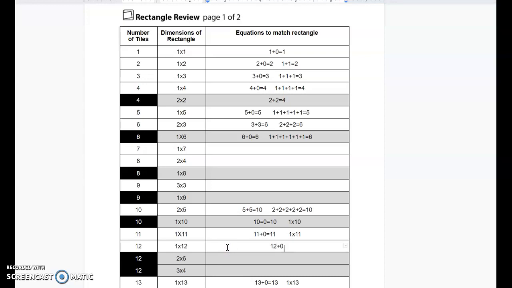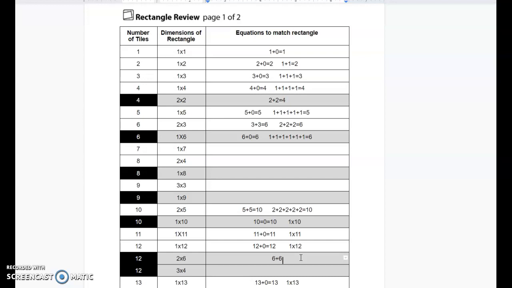We have that one row of 12 plus no more to equal 12. And then we could write that dimension again, that label of 1 by 12 to show that one row of 12. For our 2 by 6, we also saw that we had 6 2 times.